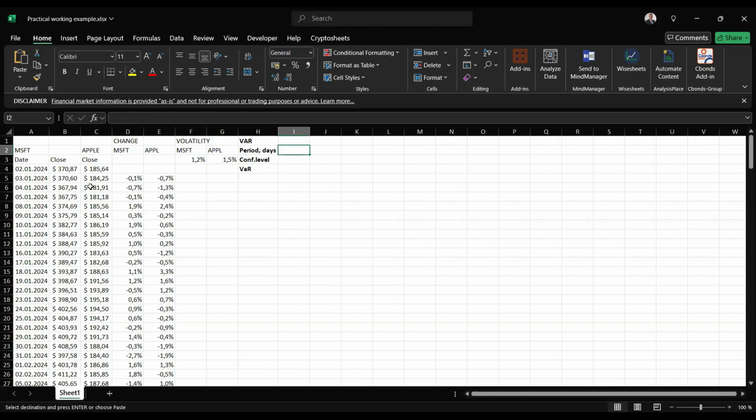We have downloaded daily data, so we can preferably use this data for the daily calculations of VAR. We also have to define the confidence level, and calculate value at risk. First of all, we will calculate it on the basis of parametric and historical methods for both equities.